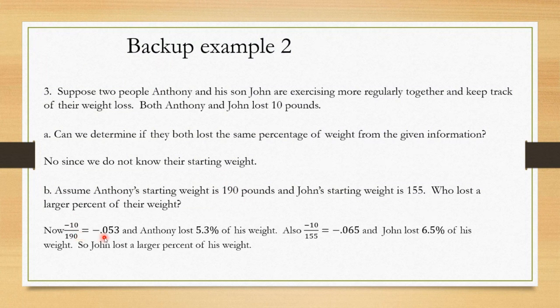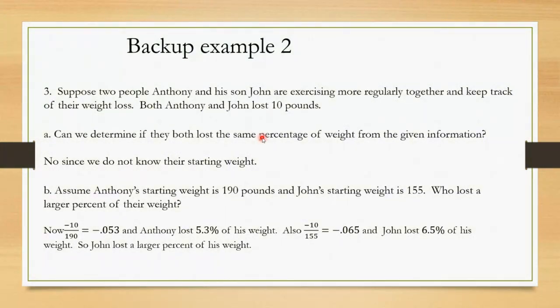So he lost 5.3% of his weight. We're given how much they lost, that's the absolute change. And essentially what the question is asking is, can we calculate the relative change? Because if you can calculate the relative change, you can get the percent, but we couldn't. Now we're doing that.